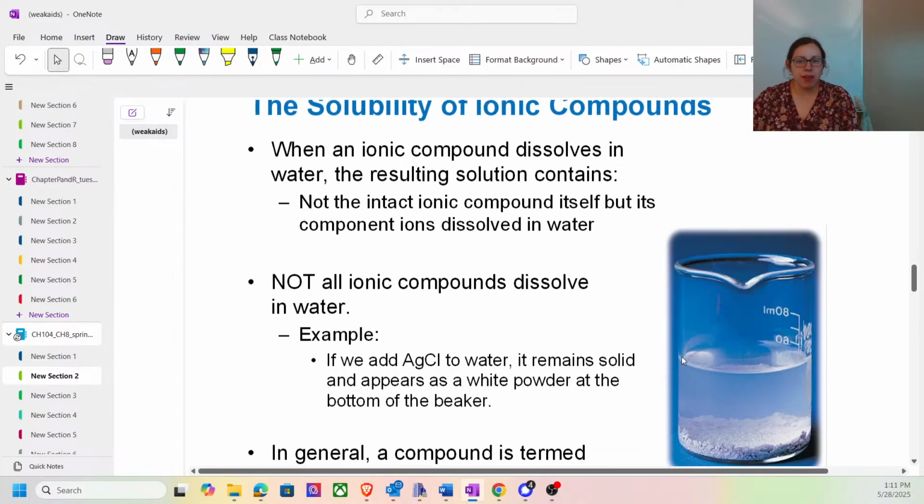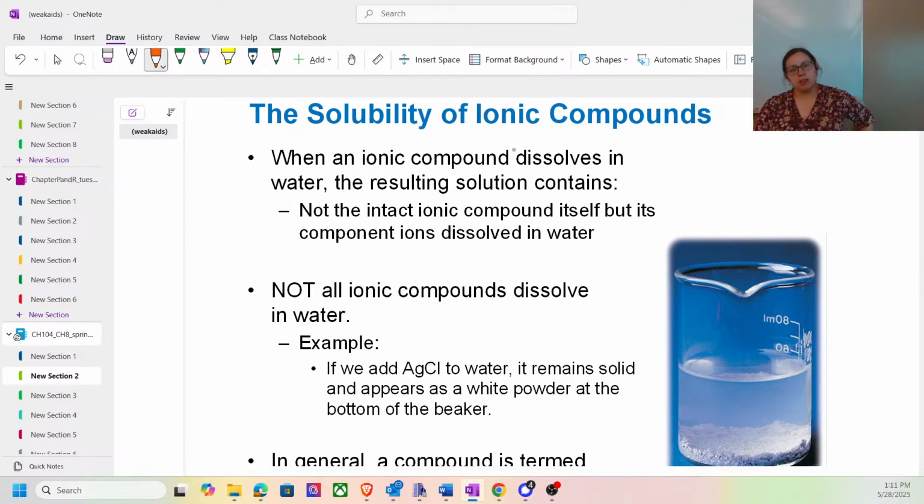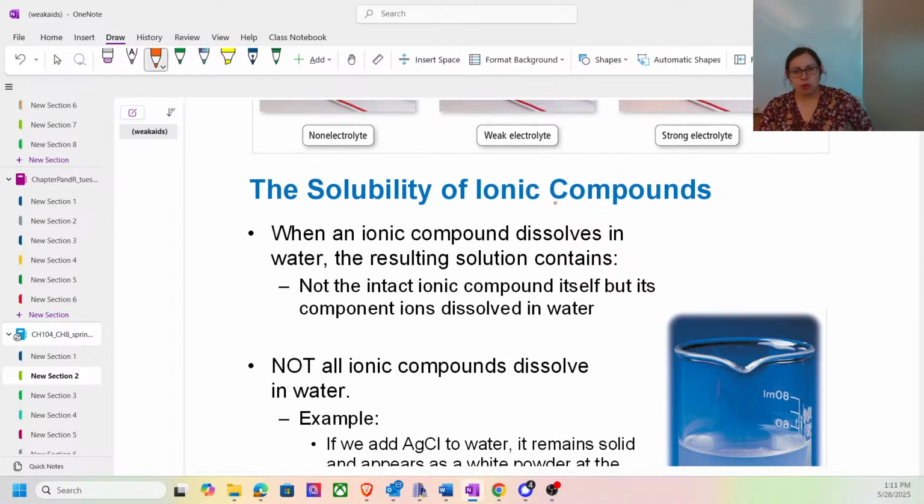All right, so now we have a couple of rules. Now this goes into solubility, so now what drops out of solution. This goes back to your precipitation lab, and double displacement reactions is what we can think about.